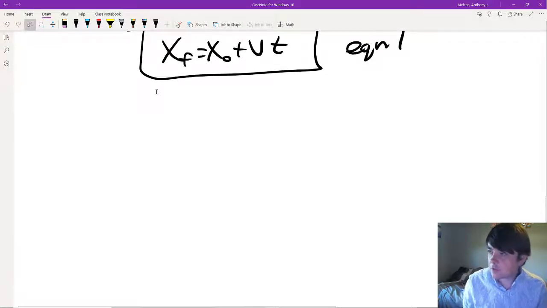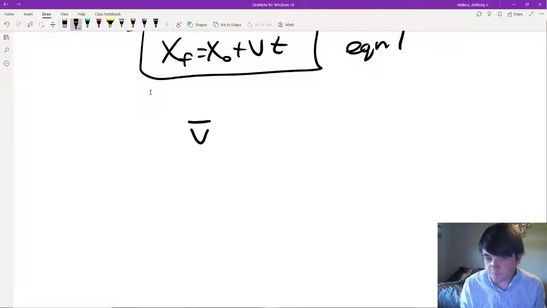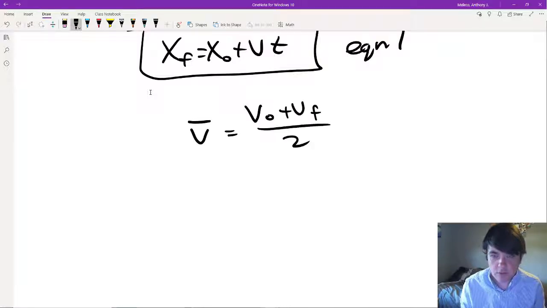The next equation that we're going to use is average velocity. We won't really use this much, but the average of anything is defined by the sum of two of the terms over 2, so this will be the initial velocity plus the final velocity over 2, and this is how you'll get the average.